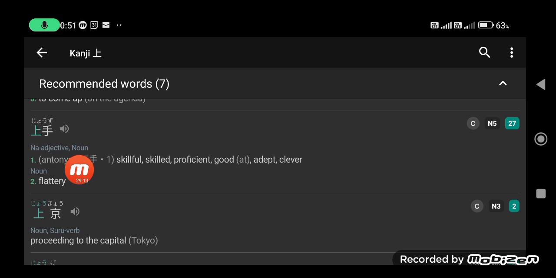So you can use this type of noun to form the SLVC sentence pattern. Let's say, kare wa jozu desu. So the jozu there forms part of the C in the SLVC sentence pattern. So it could be an adjective meaning skillful, proficient, and adept or clever, or could be a flattery.